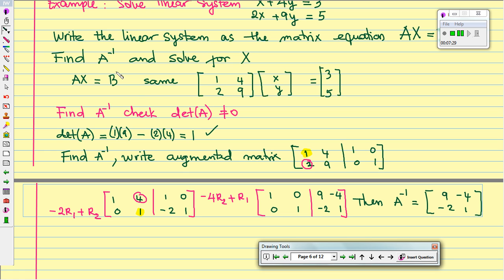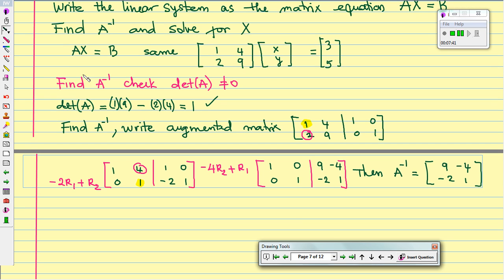We found our inverse matrix. Now we just have to solve for matrix X. Therefore, our matrix X will be equal to A inverse times B.